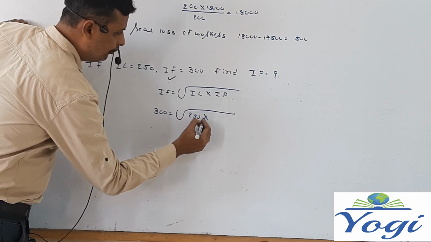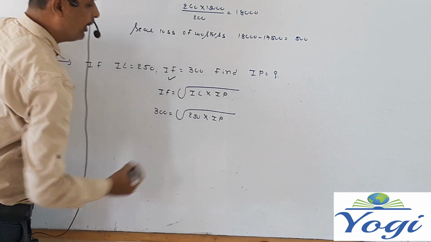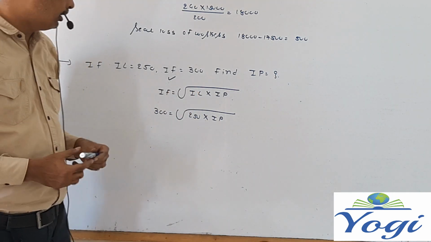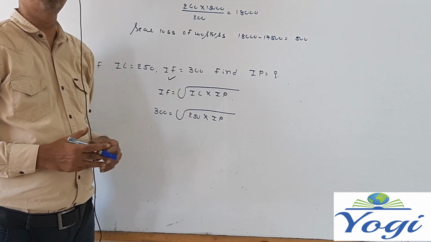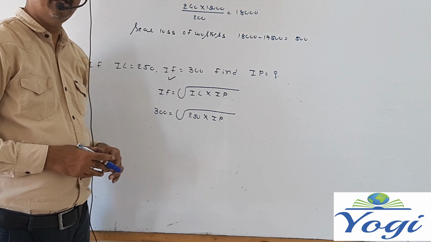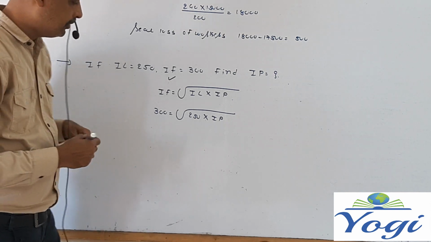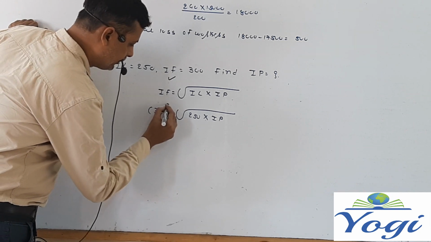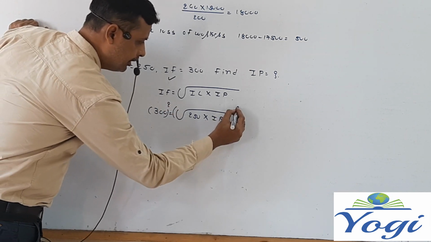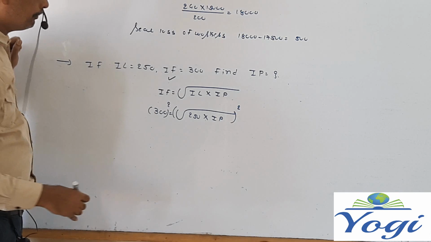IL is 250 into IP. Now here these two values are given in root. So for removal of the root, we can take the square on both sides. Taking both sides square, 300 square as well as root square.